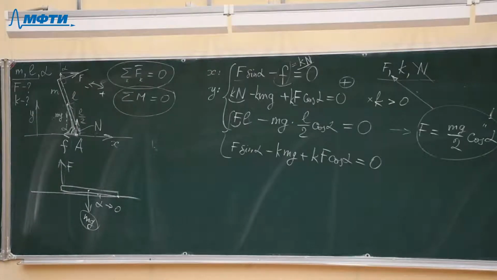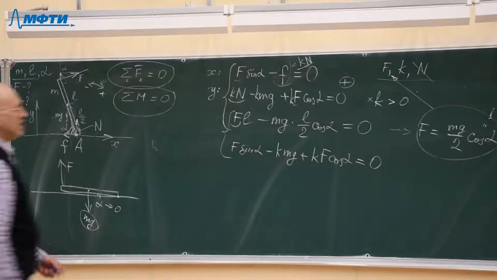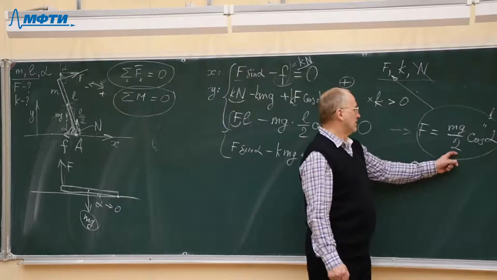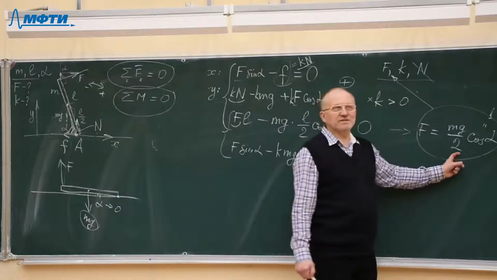Whenever you obtain any solution, you analyze it first for its dimension, and second, whether the formula is reasonable. Only after such analysis you can be sure that the formula obtained is correct.